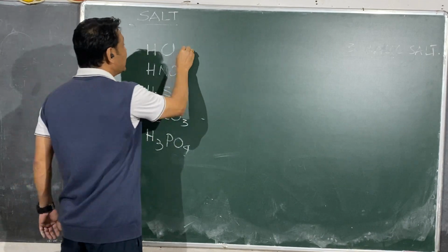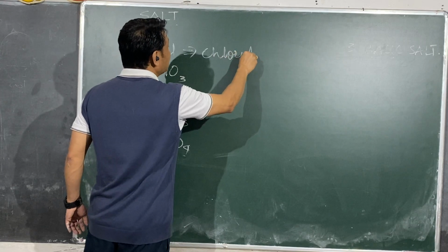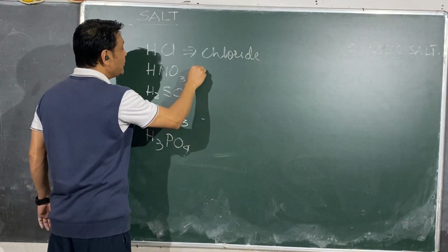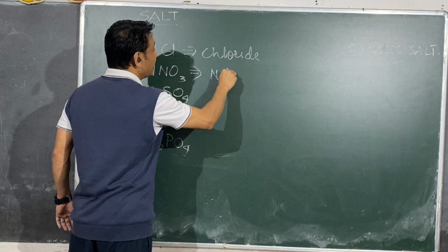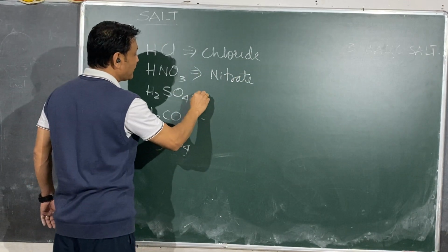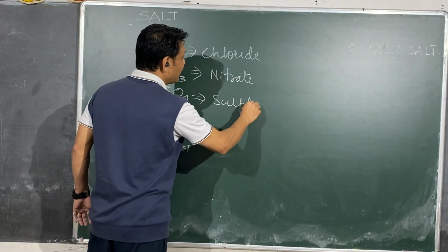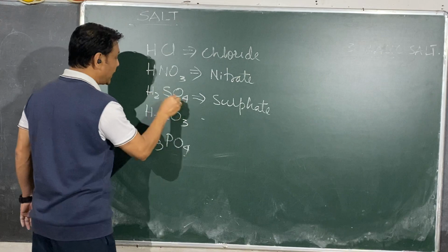From hydrochloric acid, you will get a salt called chloride. From nitric acid, you get a salt called nitrate. From sulfuric acid, we get a salt called sulfate, SO4.